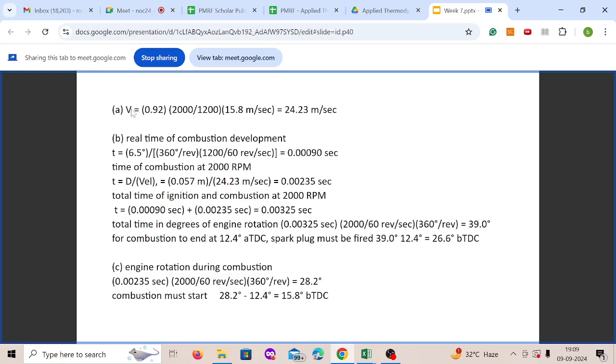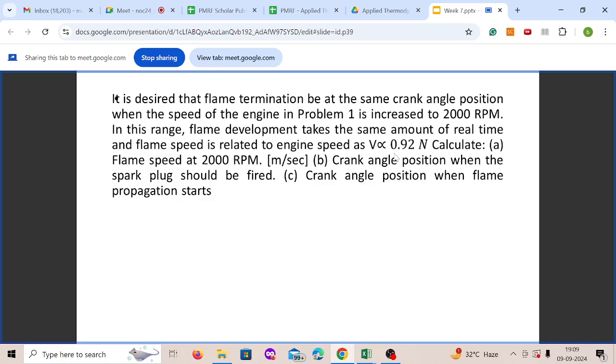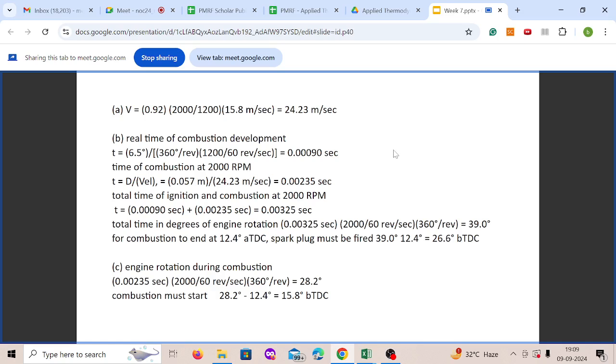So the velocity for now will be 24.23 meters per second. So the real time of combustion development will be for 6.5 degrees.